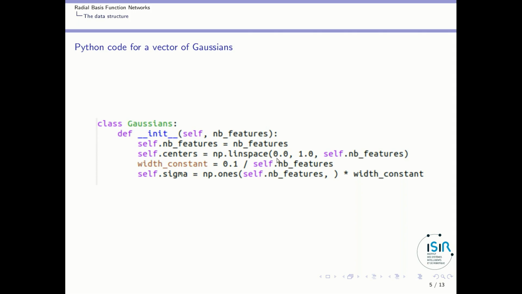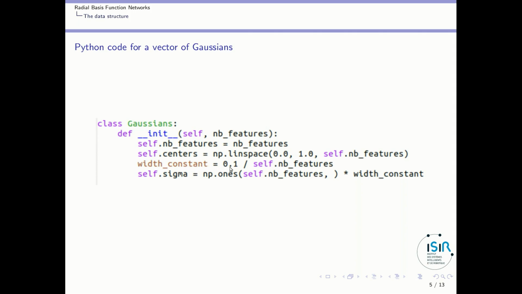So I have the interval 0, 1, and I have 3 features, so I will have my centers at 1/4, 1/2, and 3/4. And then I have to define a width constant which will define my sigma.